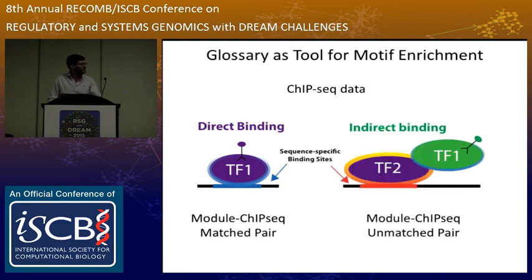The second scenario is when the chipped transcription factor, transcription factor 1, is related to a motif through another transcription factor, and so there is an unmatched pair between the motif of the module and the motif of the ChIP-seq transcription factor.